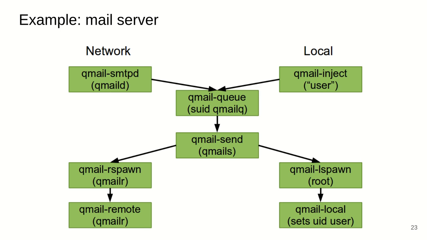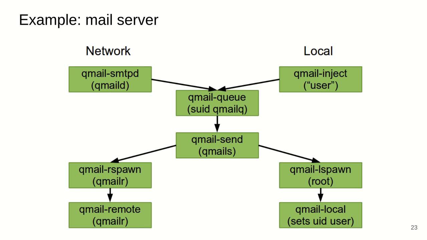qmail-queue is a SUID program, so it has special permissions to run and store emails as qmailq, allowing it to change the permission of the file of the data it receives. It then passes the email to qmail-send, which then decides if the email needs to be stored locally into a given user directory, or it needs to be sent remotely.